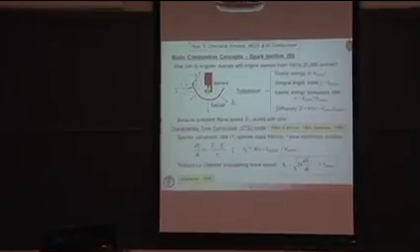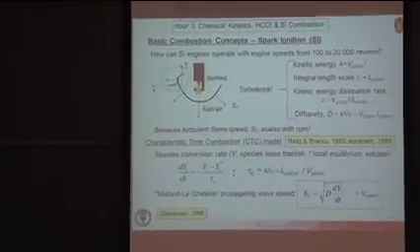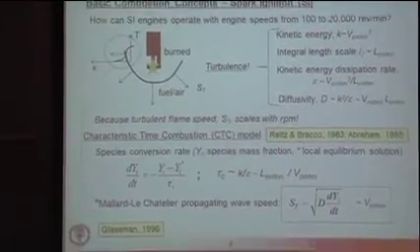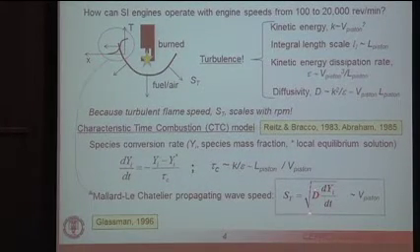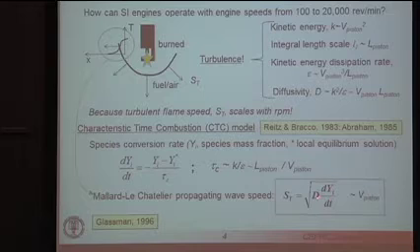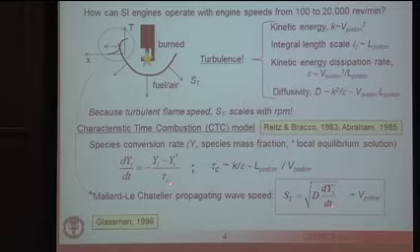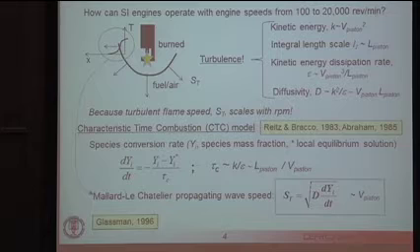You can go back to the 1890s or whenever Mallard and Le Chatelier did their work, and you can show that the propagation speed of a front depends on diffusivity, or diffusion coefficient, and a reaction rate. So if you plug in this diffusivity and this reaction rate, which essentially is this time scale, what you find is that the flame speed, the turbulent flame speed, depends on the piston velocity. And so this model can explain this fact here.